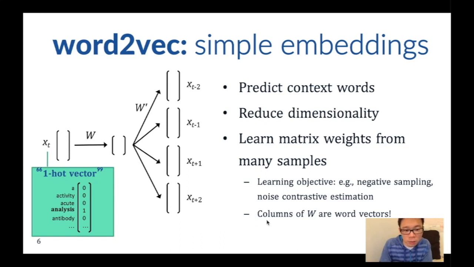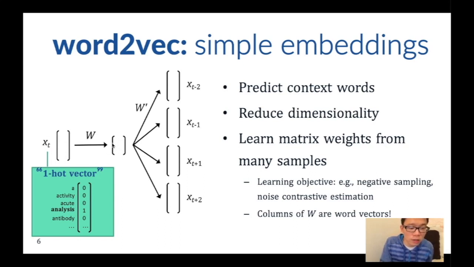Now, just to point out, we were talking about word vectors in the previous slide, and where are our word vectors now? Well, they're in the columns here in W, because in this weight matrix you're trying to convert something from the vocabulary size here in x_t into something smaller, usually a dimension of 200 or 300, instead of 10,000, 100,000, a million different words in a dictionary.